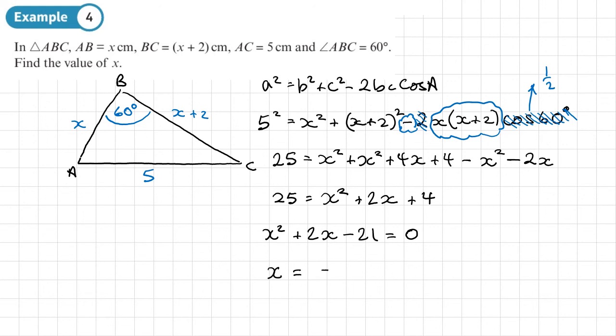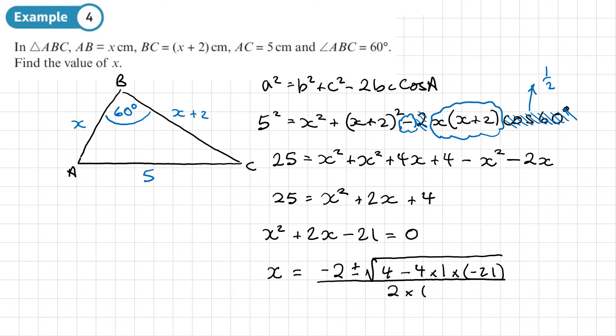I'm going to use the quadratic equation. So minus b, so minus 2, plus or minus the square root of b squared, so that'd be 2 squared, 4, minus 4 times a times c, which is negative 21, all divided by 2a. So that's 2 times 1, basically 2. Now what this will give us is 2 solutions.